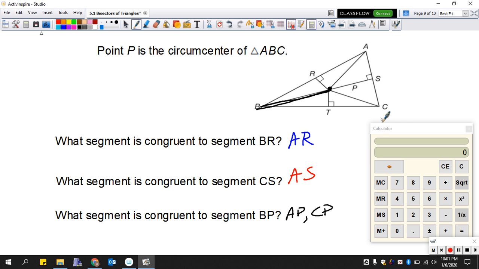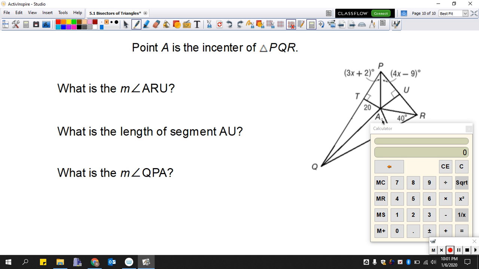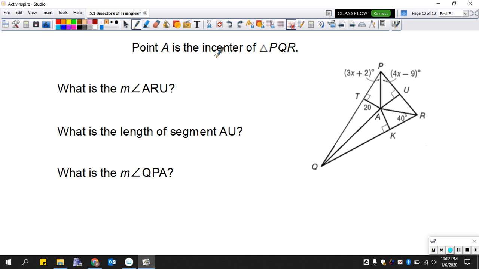Our last example that we're doing says point A is the in-center. Remember, the in-center deals with the angle bisector. It's where the angle bisectors cross. So it says what is the measure of angle ARU?